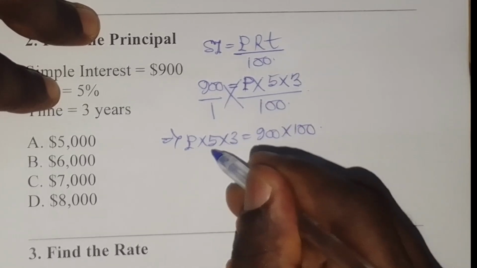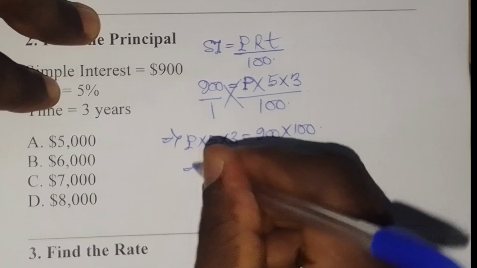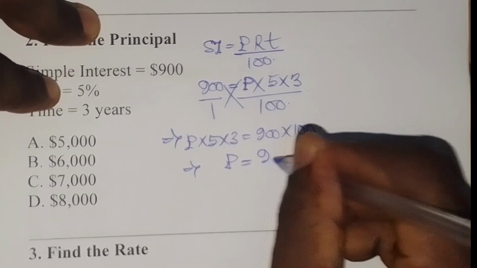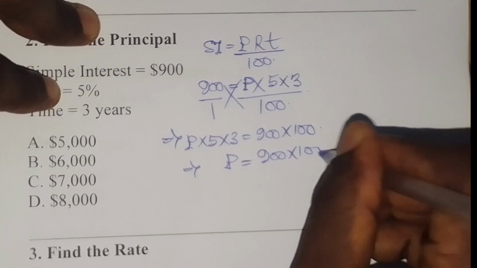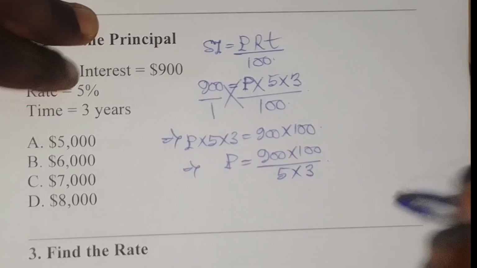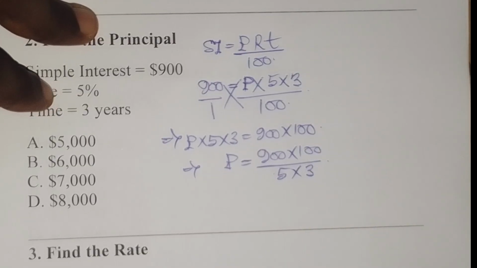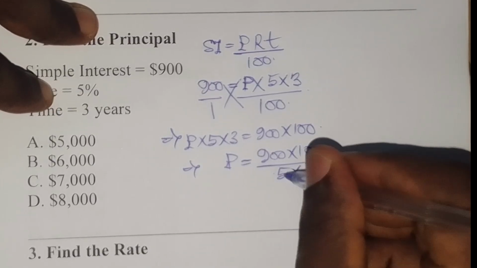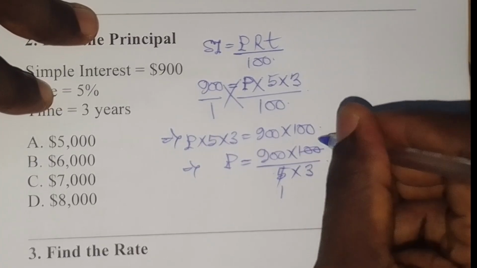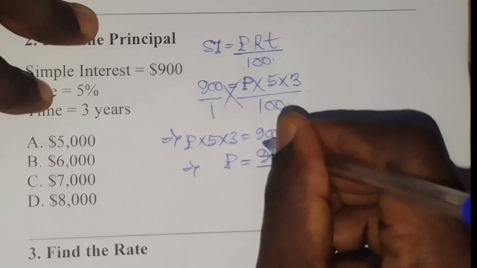So we divide both sides by the whole of this. So this becomes P is equal to 900 times 100 all over 5 times 3. Now let us simplify this to get the value of our principal. 5 into 5 is 1, 5 into 100 is 20, then 3 into 3 is 1, 3 into 9 is 3, so we have 300.